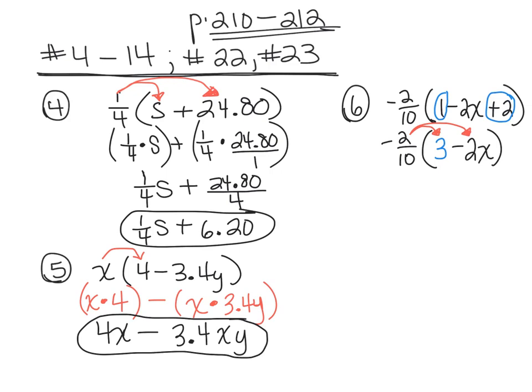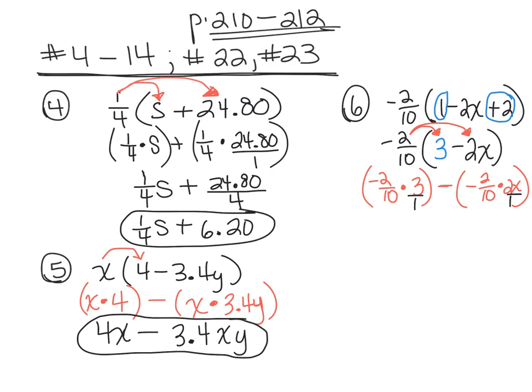So we get -2/10 times 3 minus -2/10 times 2x. Now, again, remember that the 3 and the 2x can be written in fraction form if you put them with a denominator of 1, which makes it a little bit easier when I multiply, because multiplying fractions means numerators get multiplied and denominators get multiplied.